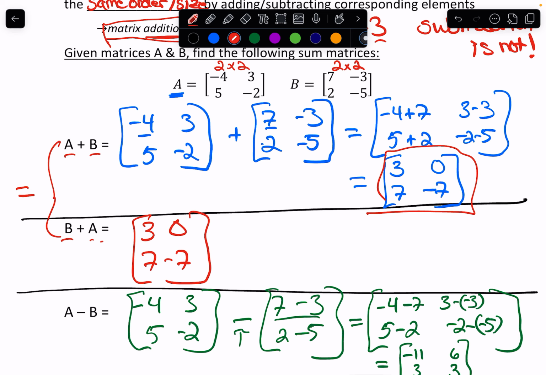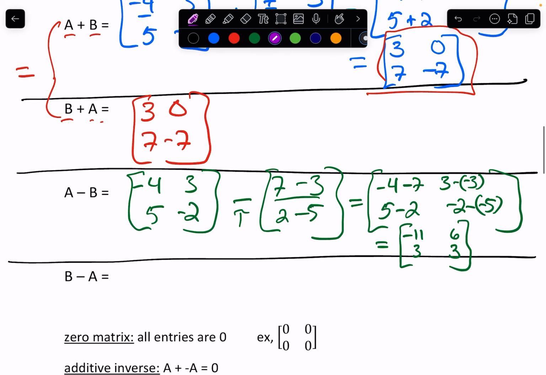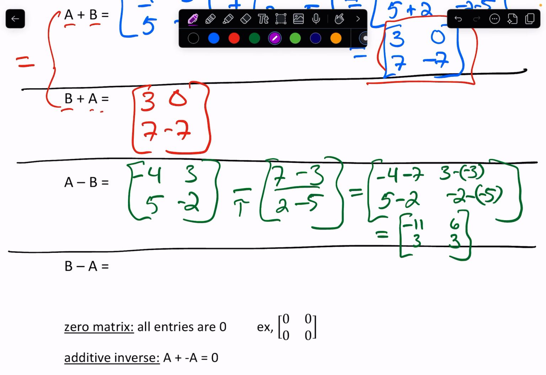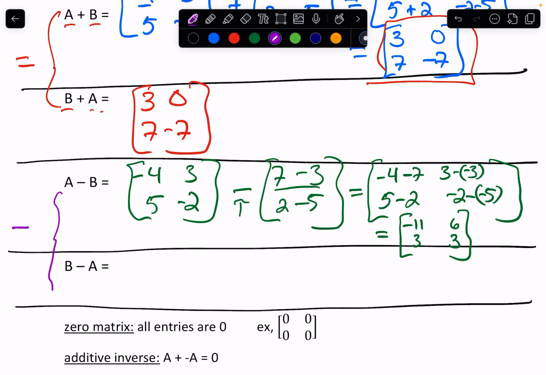Okay, so let's move on to the next one, which is B minus A. Now, remember that these two are not going to be the same because subtraction is not commutative. So we're going to write B first: 7, negative 3, 2, negative 5. Subtract matrix A from it: negative 4, 3, 5, and negative 2.